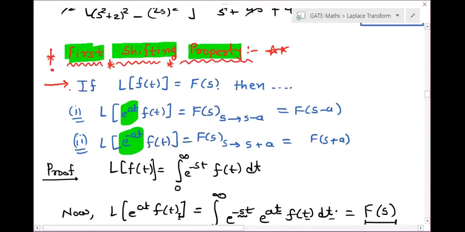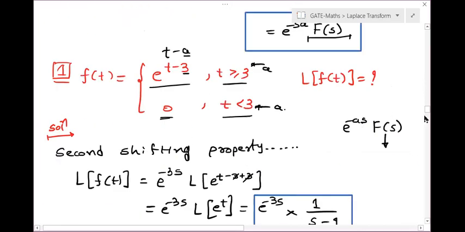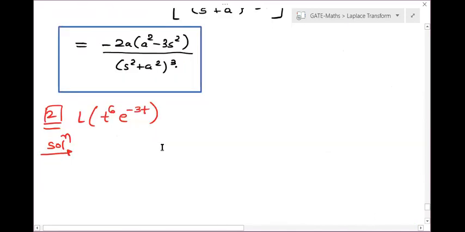If e to the power at or e to the power minus at is multiplied with your function, then we are going to use first shifting property. So this is your identification of first shifting property. So here can't we use this first shifting property because it is also multiplied with e to the power minus 3t or not?